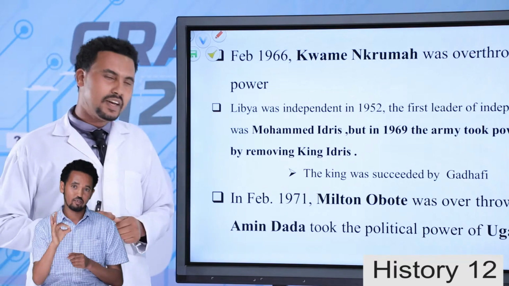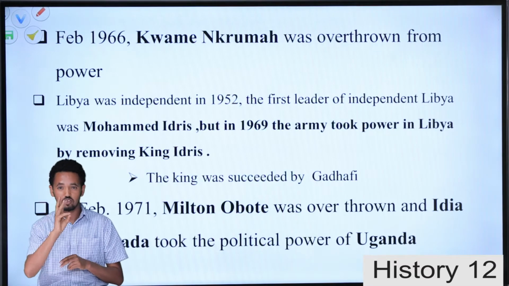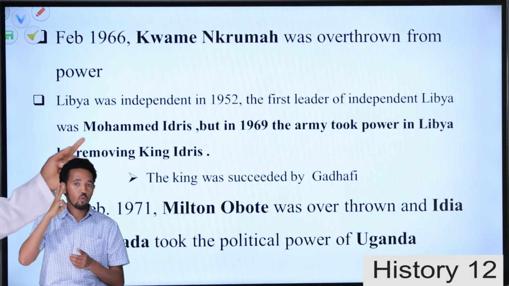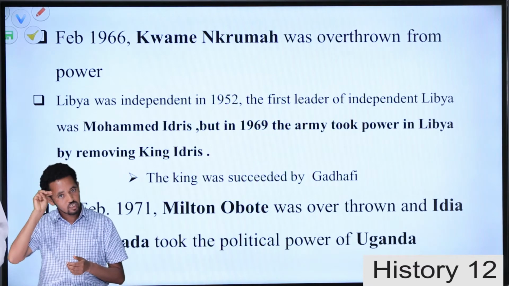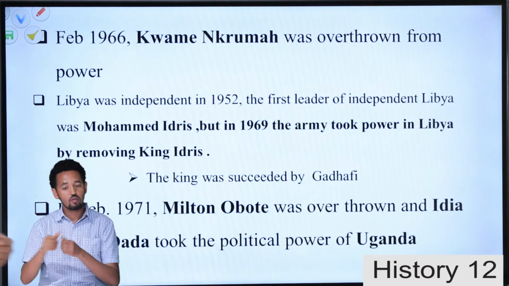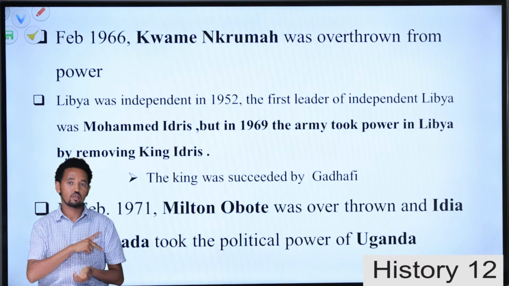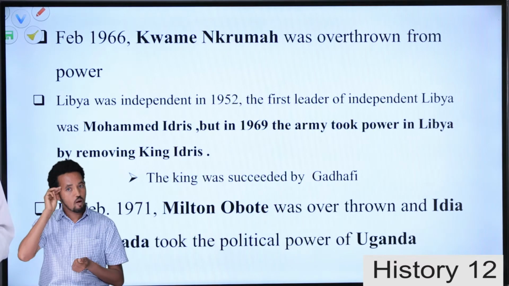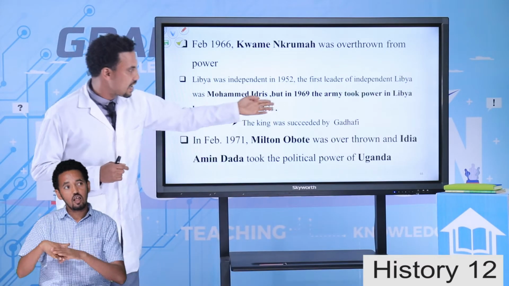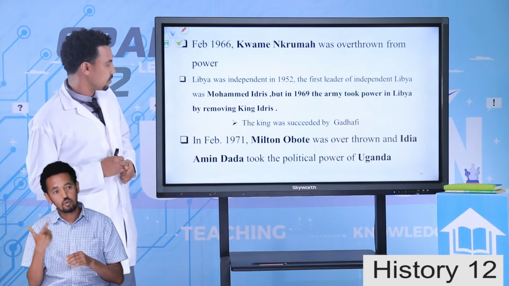The other one, Libya. The first leader of independent Libya was King Idris. But in 1969, the army took power in Libya, removing King Idris. Then the king was succeeded by Muammar Gaddafi. Gaddafi led Libya from 1969 up to his death.